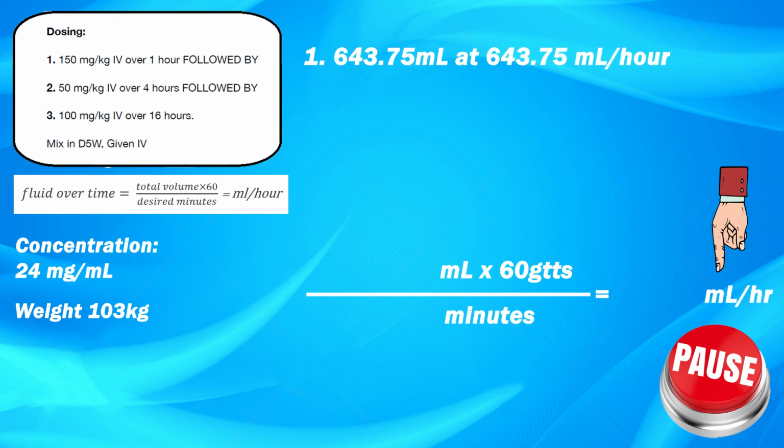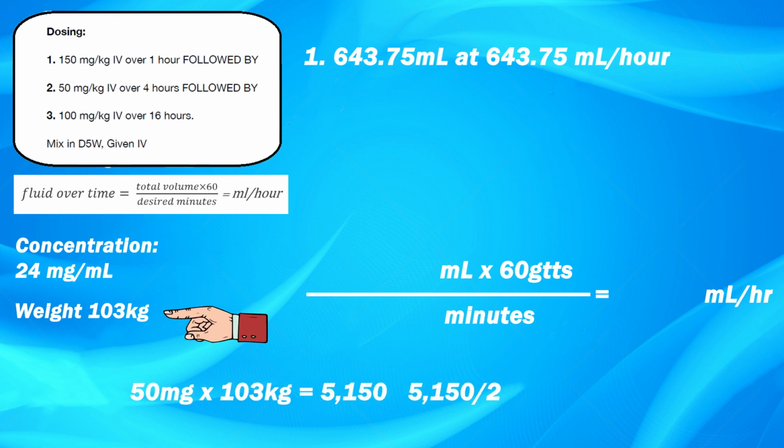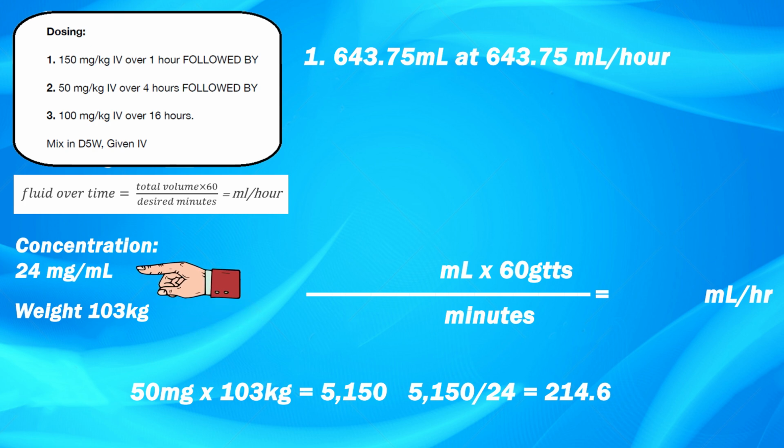For the second stage of dosing, we want to multiply 50 milligrams times 103 kilograms. That gets you 5,150 total milligrams. You need to divide by 24 milligram concentration, and you should come up with a total volume of 214.6 milliliters.